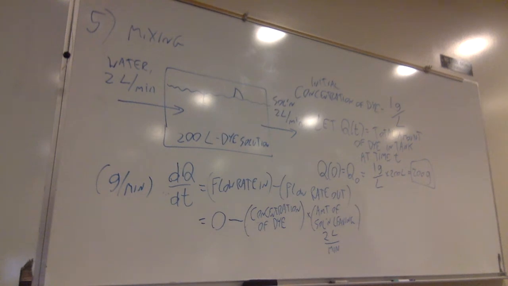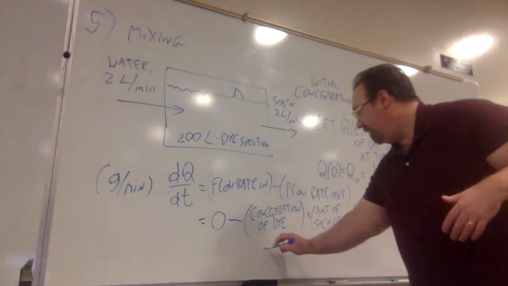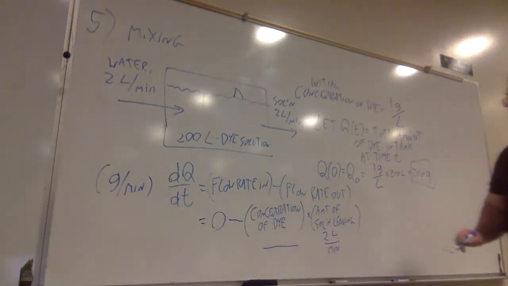Now, what about the concentration of dye? If we assume that everything is mixed throughout the tank, so we have uniform mixing, then all we're doing here is taking the amount of dye in the tank over the amount of solution.